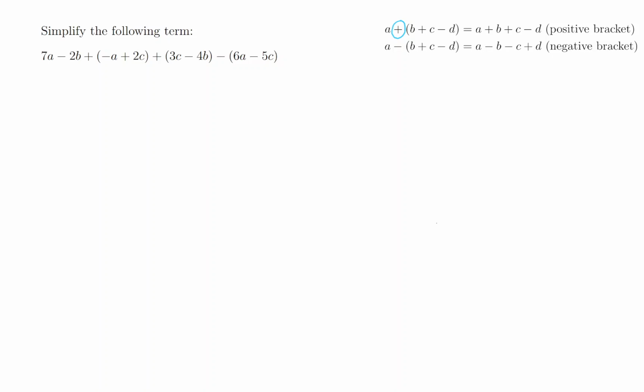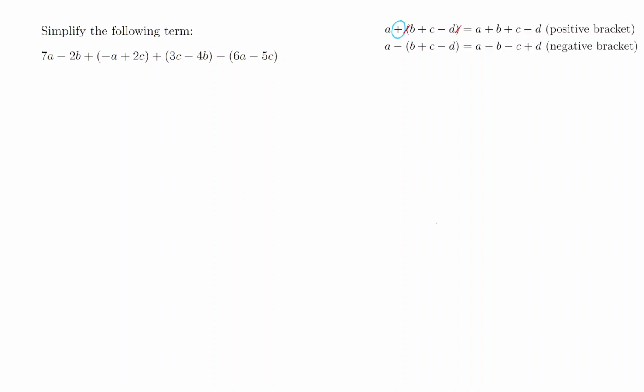We can just eliminate it by throwing away the bracket. So open and close bracket, we just throw it away and copy everything else. So that would then be A plus B plus C minus D. And this is exactly what is written here. So this is how we deal with positive brackets.